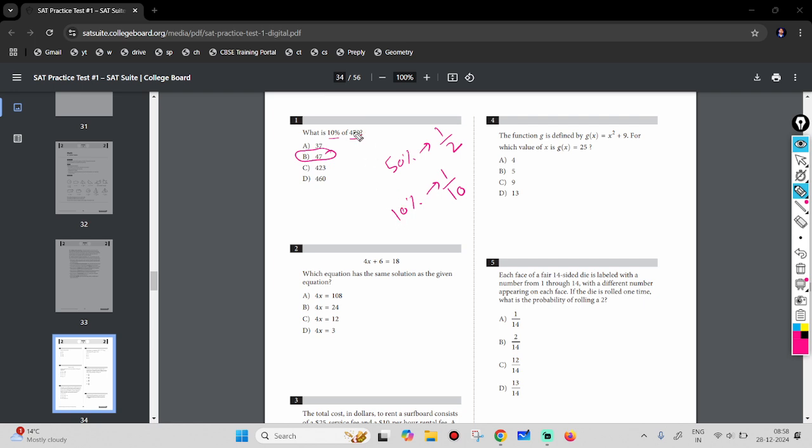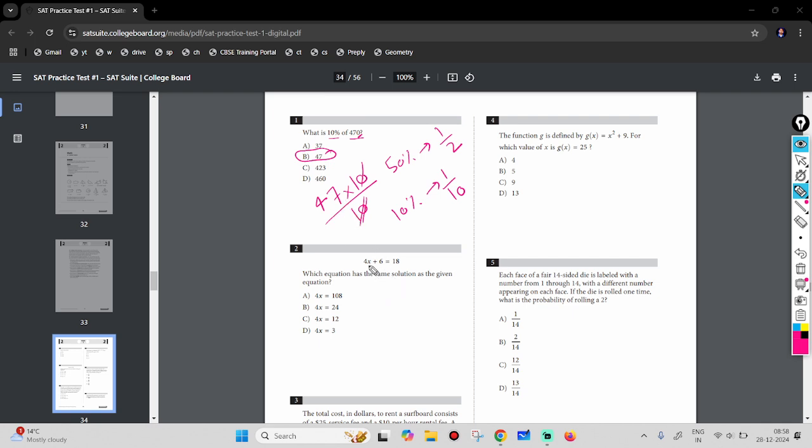To look at it more carefully, you can write 470 as 47 times 10 upon 10, which cancels the 10, and we get 47 only. So that was question number one.